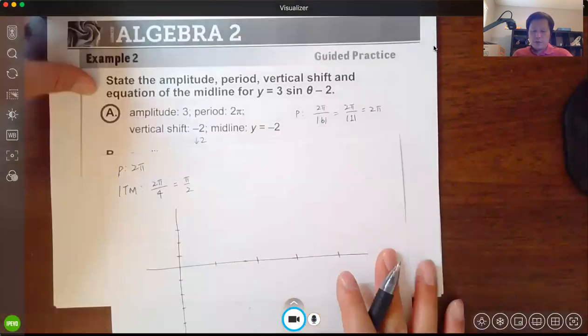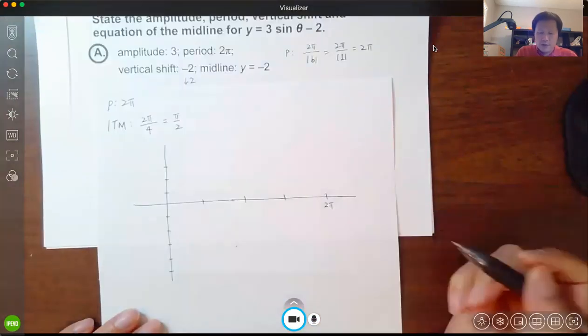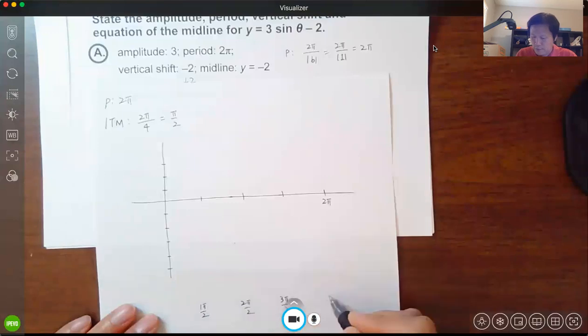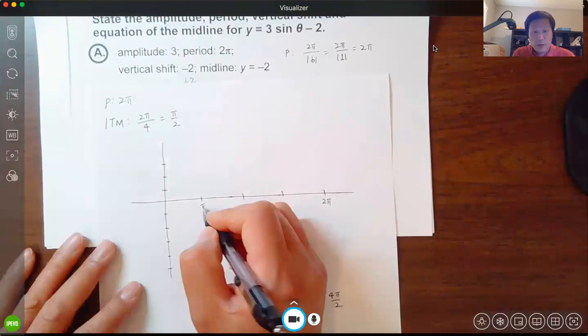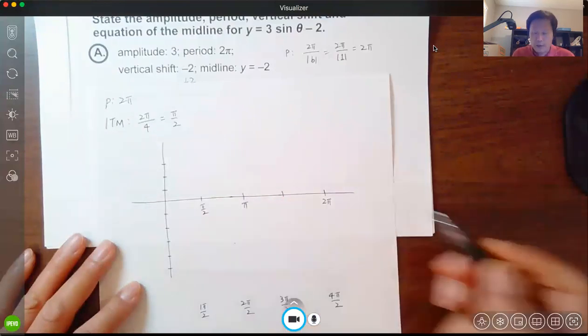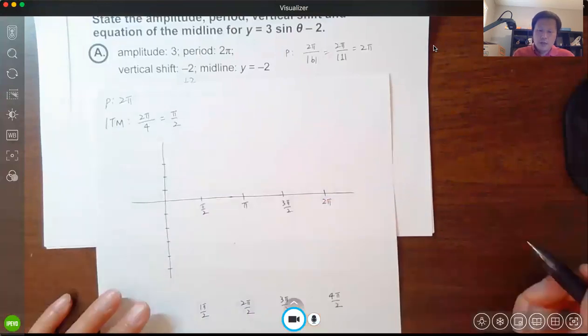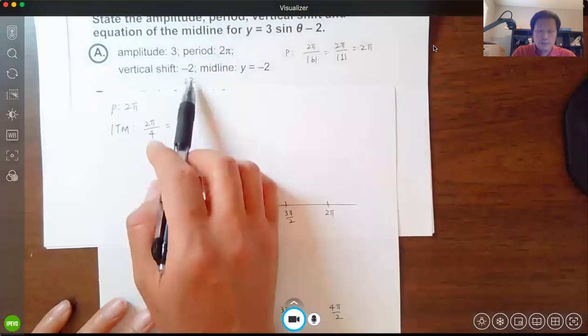The period is 2 pi, so you label that as 2 pi here. 1 tick mark is pi over 2, so it should be 1 pi over 2, 2 pi over 2, 3 pi over 2, 4 pi over 2, and 4 pi over 2 simplifies to 2 pi. 1 pi over 2 is pi over 2, 2 pi over 2 simplifies to pi, 3 pi over 2.